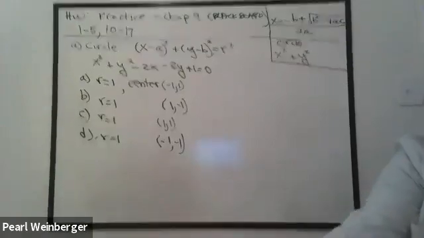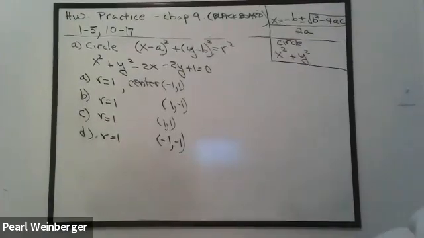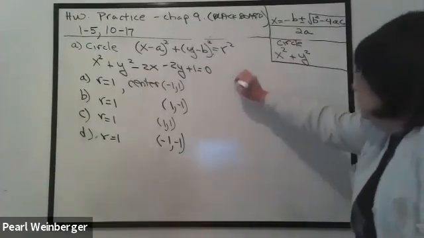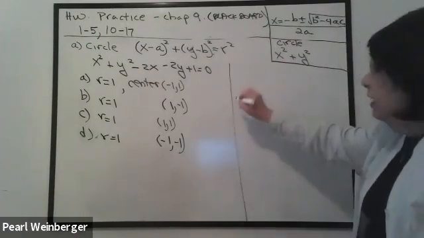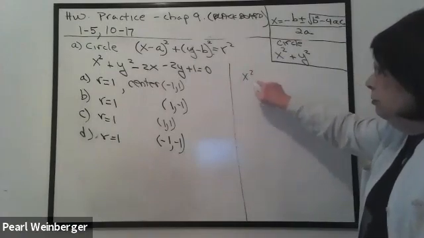The answer to this question using the method that I just taught you. I'm going to work it over here. We have that x squared. I'm going to rearrange the terms.